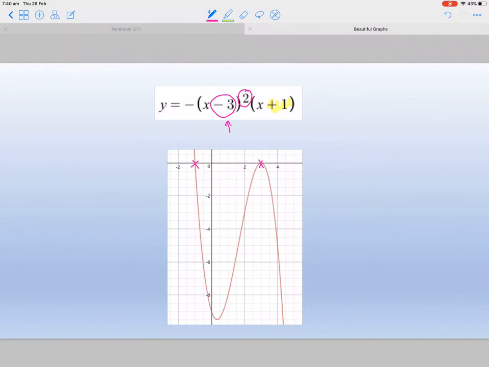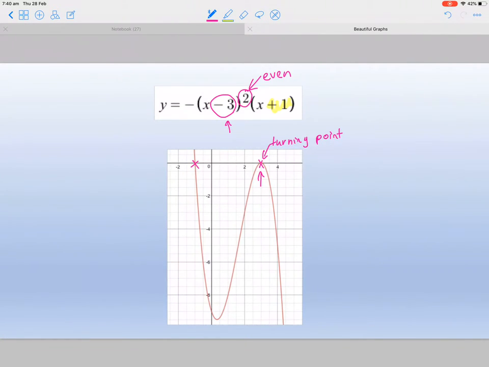But notice that this power, and it's an even power, means that that root is a turning point. Can you see? It's a turning point. And it's really important you start recognizing this. There are still 3 roots. There's just 2 here. And it causes it to turn.